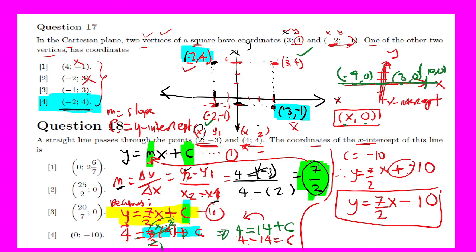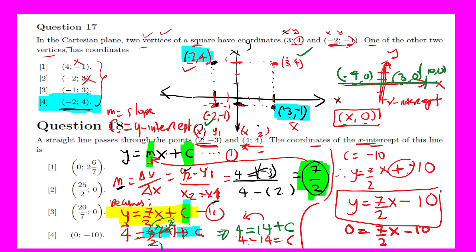Then we're going to say, since it's the x-intercept, we know y equals 0. So this is going to be 0 equals 7 over 2 x minus 10.